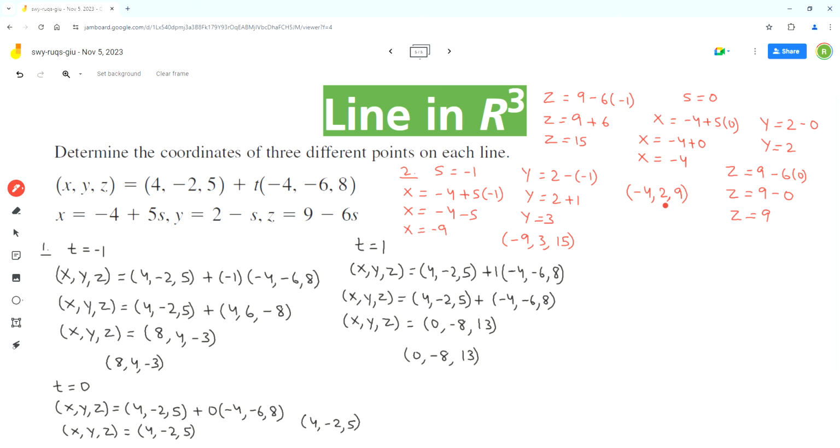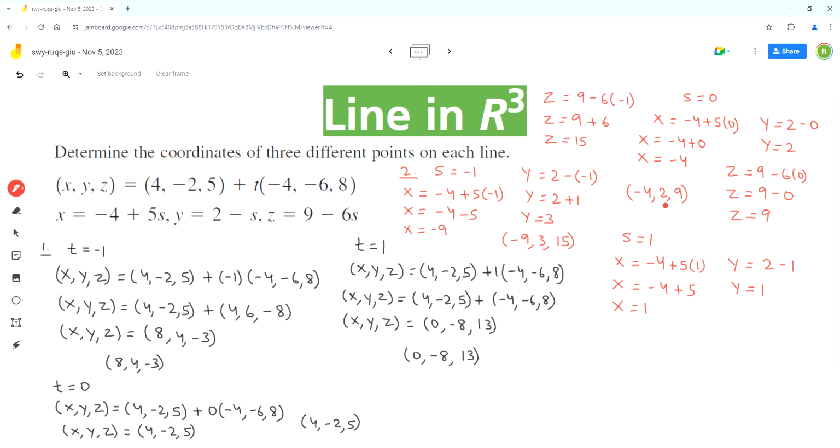Now we can find the third point that lies on this line, and we can use s as 1. I get x equals 1. Now we can use the y equation. I get y equals 1.